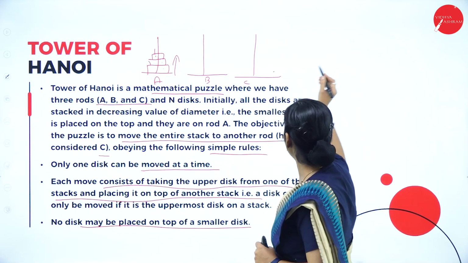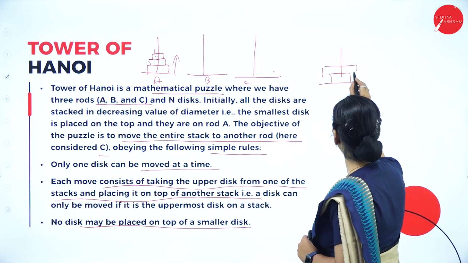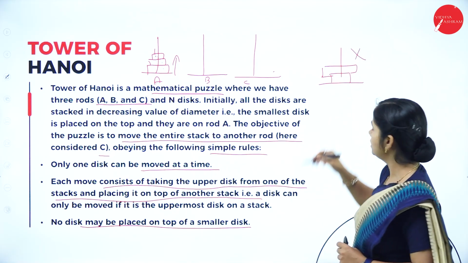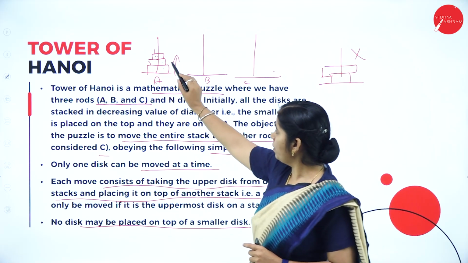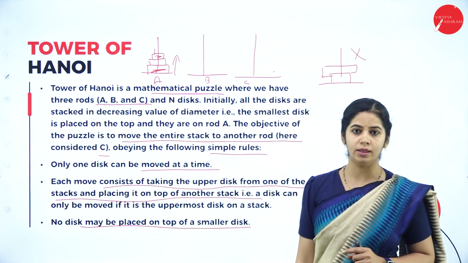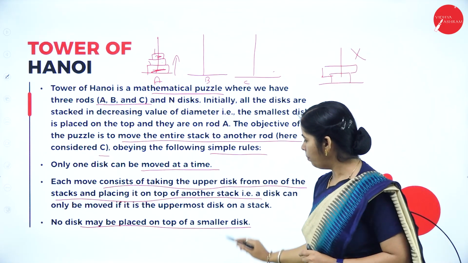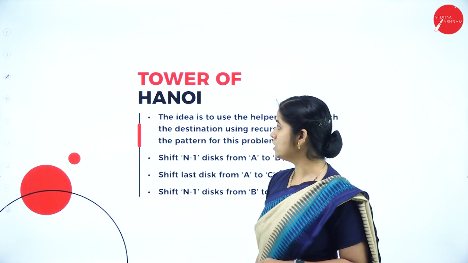We cannot place it like this: this is a smaller disk, and above that we cannot place the larger disk. This is a wrong way of placing a disk. Whenever placing, the larger disk should be at the bottom and the smaller disk at the top. Like that only we have to place. This is the set of rules to play the puzzle.